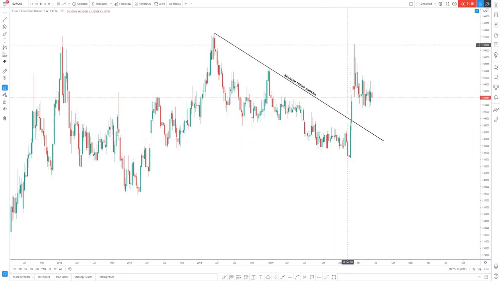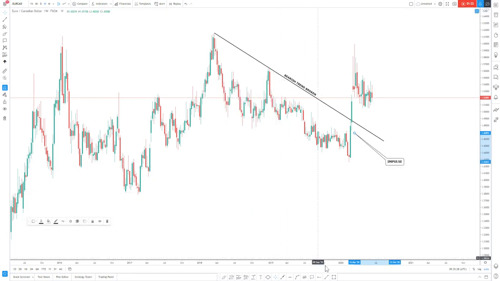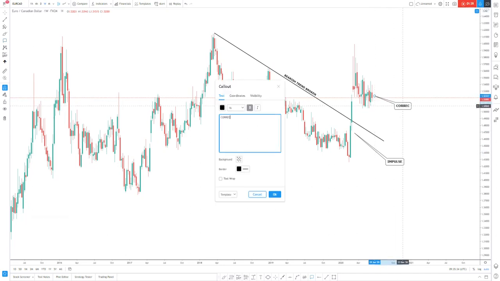And this was an impulsive move to the upside, and we have a corrective move to the downside. So I'm picking up my callout too. I'll just say this is impulse, and this is correction.